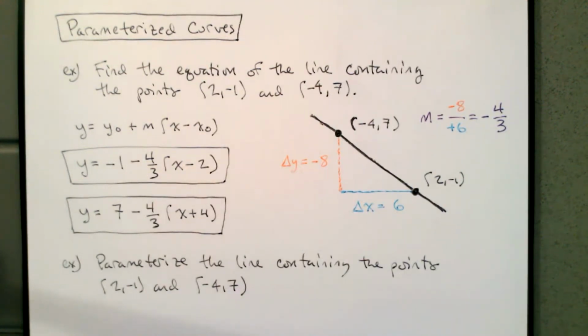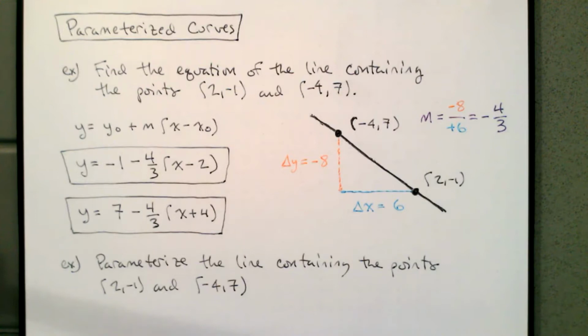What we need to do is take each of these points and assign a value of the parameter to them. So I'm going to take one of the points to be at t equals 0, and another point to be the point when t is equal to 1. Now, these choices could be whatever we want. We weren't restricted to which direction the line was supposed to go.